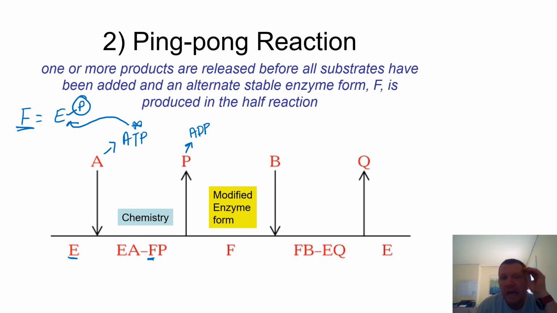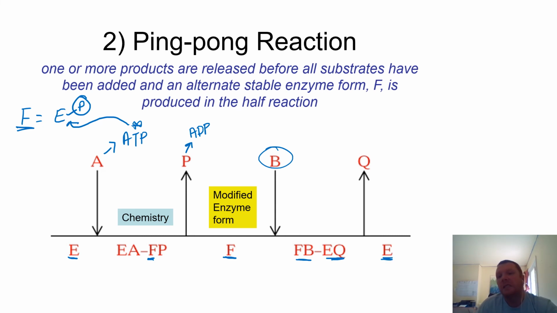Okay, ADP has been released, and now we're dealing with the phosphorylated form of our enzyme, which can bind our second substrate, B, forming the FB form, and we can have some reaction take place where Q has been modified, and now we're back to our original form of our enzyme.